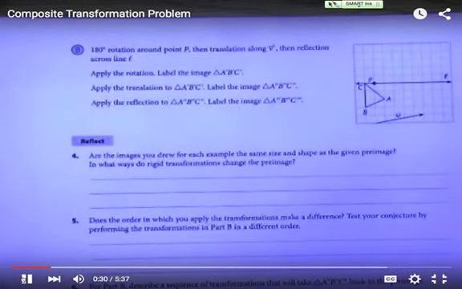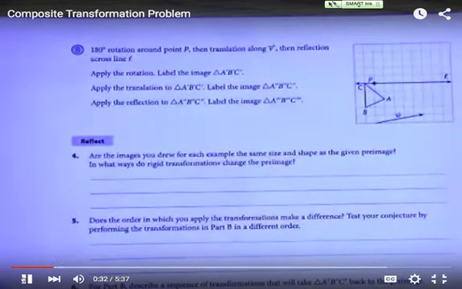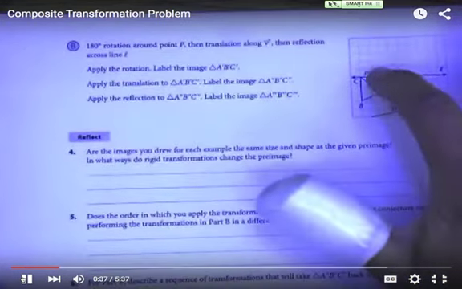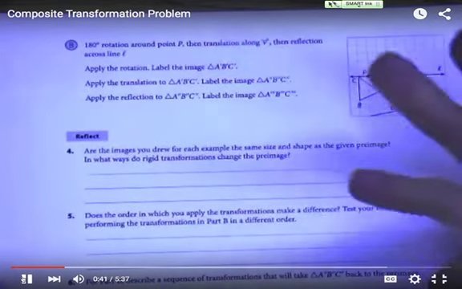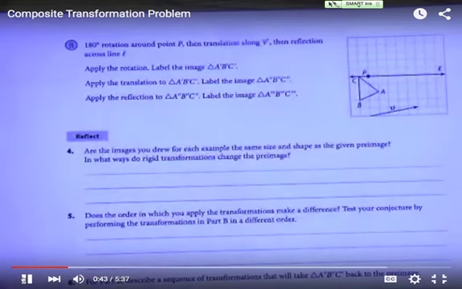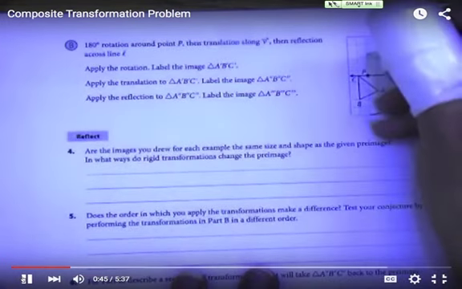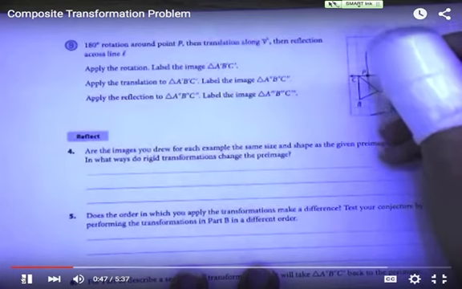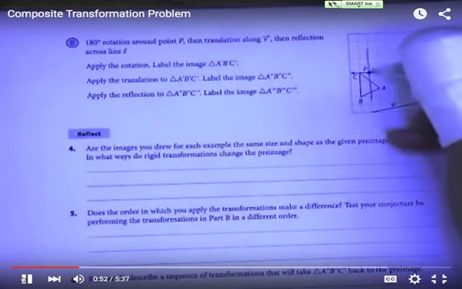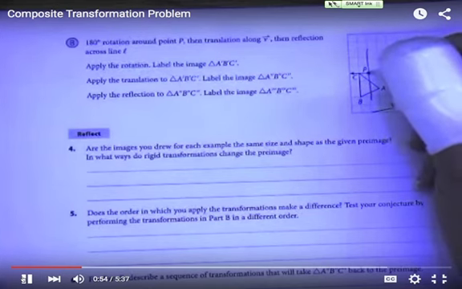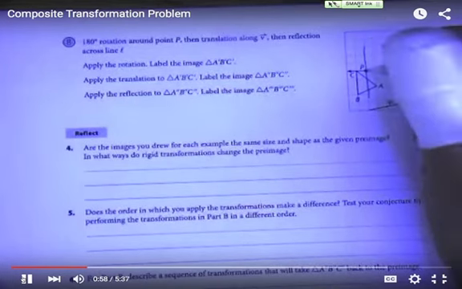So let me make this a little brighter. Okay, in order to apply the rotation, I'm taking this triangle and rotating around this point. But I mentioned earlier I don't have any coordinates. So let's make some. Since P is my center of rotation, I'm going to treat that point P as if it is 0, 0. You're allowed to do that.